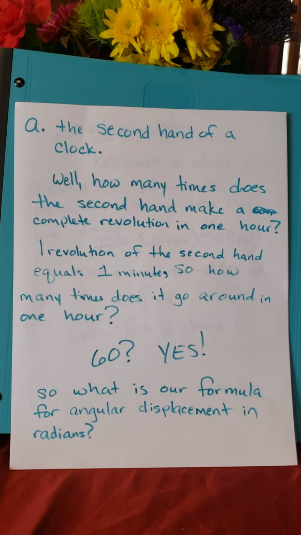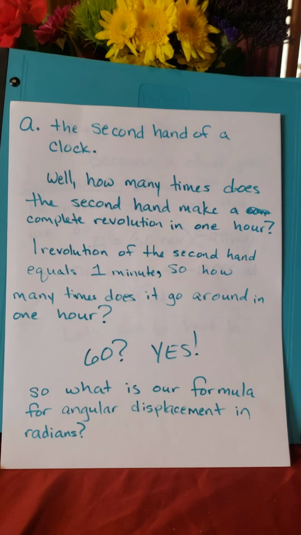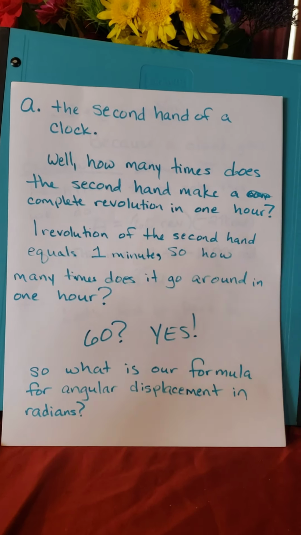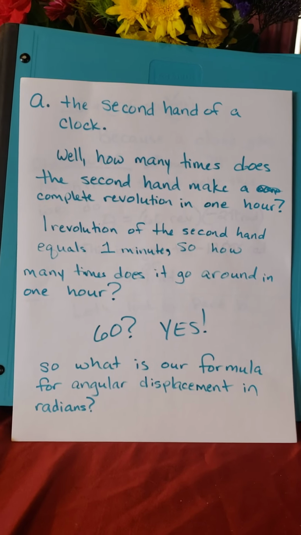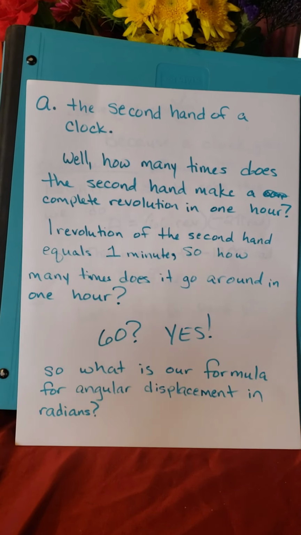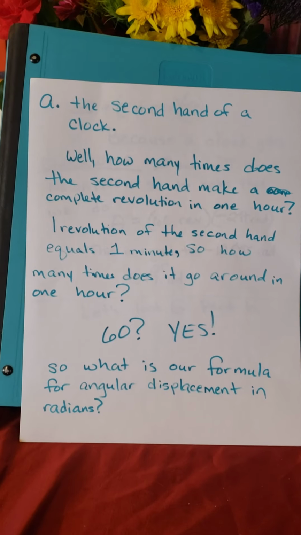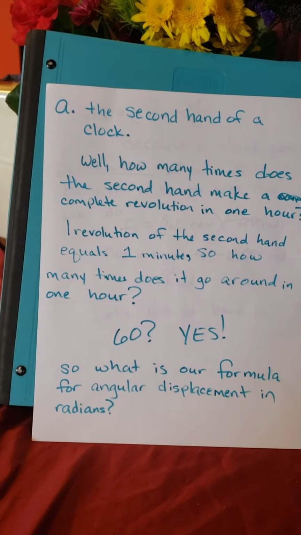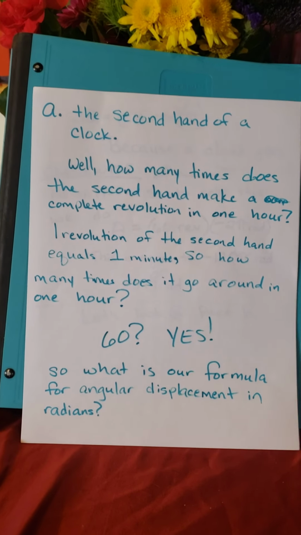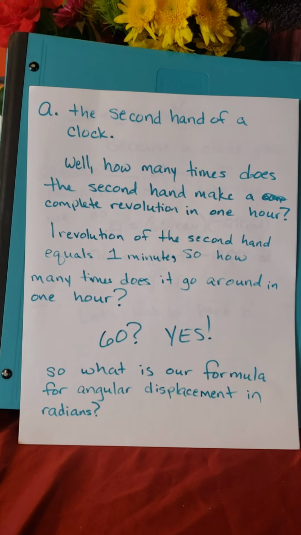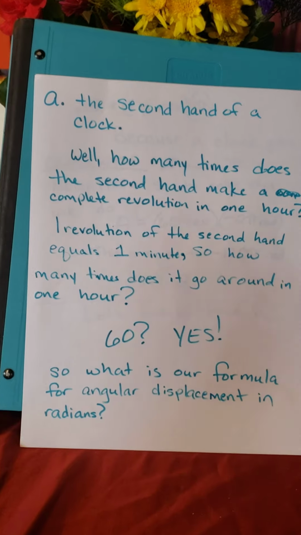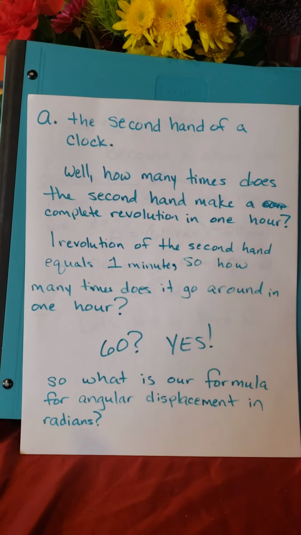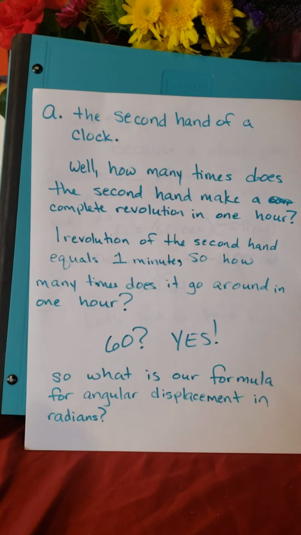How many times does the second hand make a complete revolution in 1 hour? One revolution of the second hand equals 1 minute, so every time it goes around, 1 minute is gone. How many times does it have to do that in an hour? 60? You've got it.